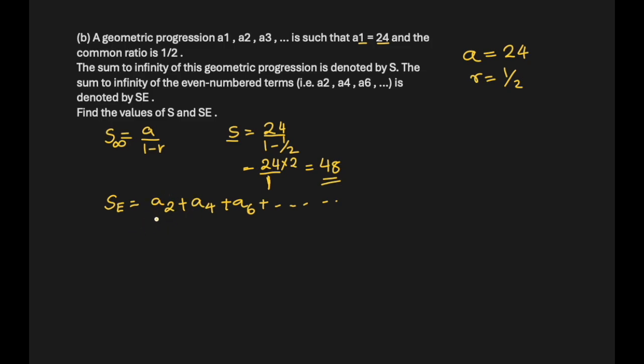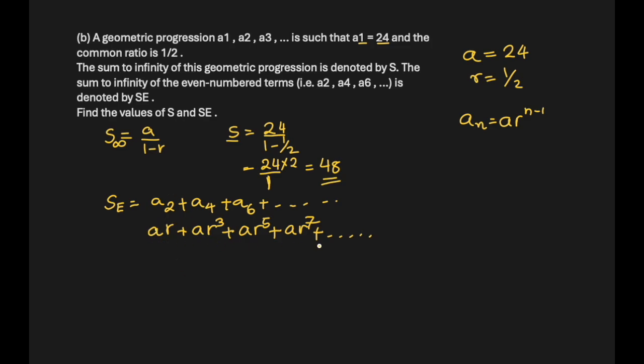So let's write what A2 is according to the formula of the nth term of a geometric progression, an equal to a r to the n minus 1. A is the first term, a r to the 2 minus 1, which is 1, so I'm not writing it. Then a r to the 4 minus 1, which is 3, then a r to the 6 minus 1, which is 5, and so on.